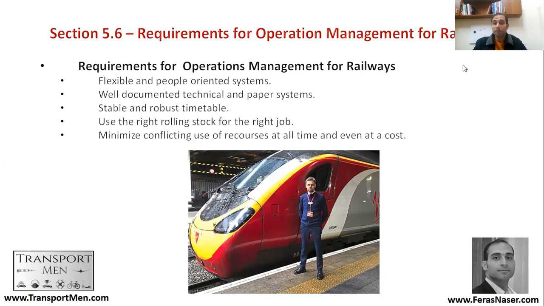Use the right rolling stock for the right job. Make sure that they pick the right rolling stock, and minimize conflicting use of resources at all times, even at a cost. Even if there was a cost, they should try to minimize conflicting use of resources, because this affects safety, but it also affects complexity.